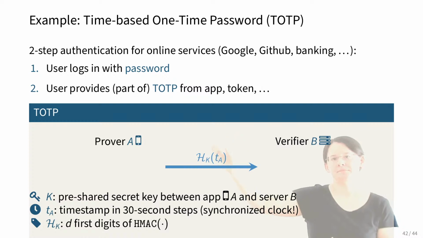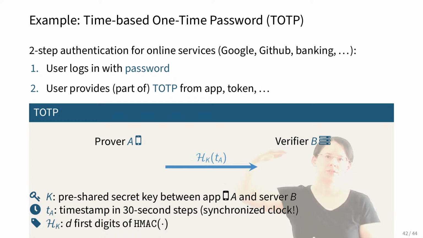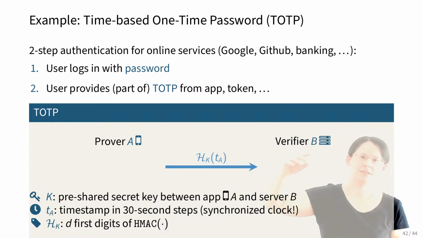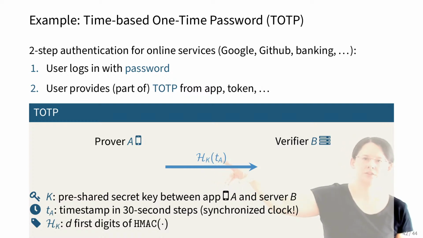The time is the input, so the output depends on the current time. This requires synced clocks between your smartphone and the server. The server also evaluates the same MAC for hopefully the same timestamp, and sees if the result matches. This timestamp changes, for example, every 30 seconds or so.